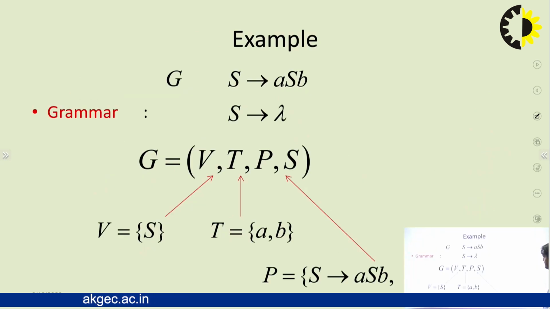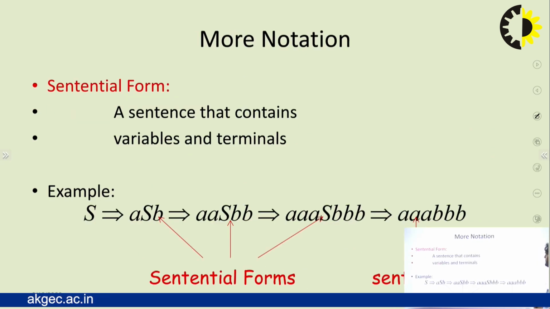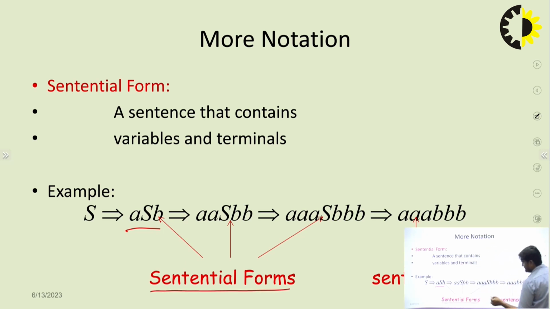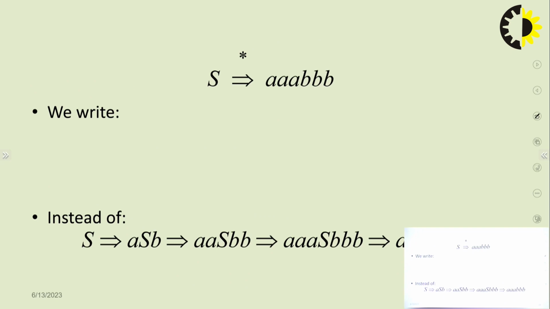Now another example, the same as the example we already took. The derivation is a combination of terminals and non-terminal variables, known as the sentential form of a production. Derivation generates a sentence. Here, with any derivation we generate a string.